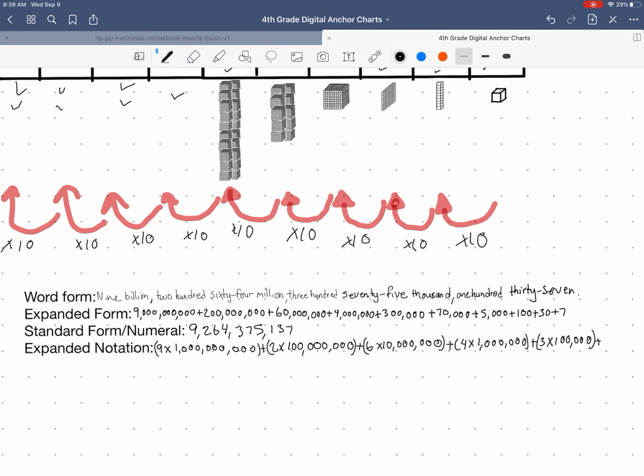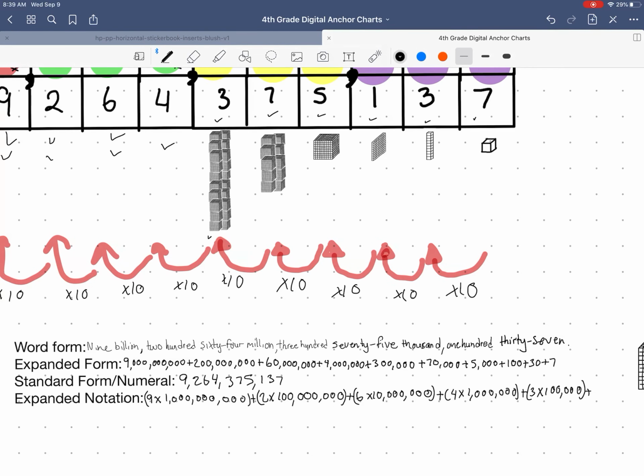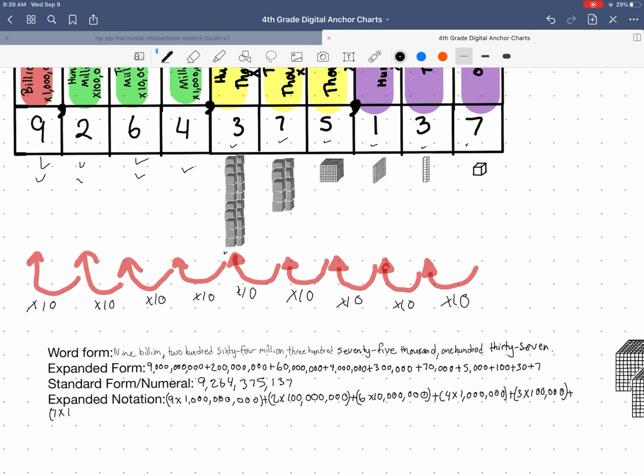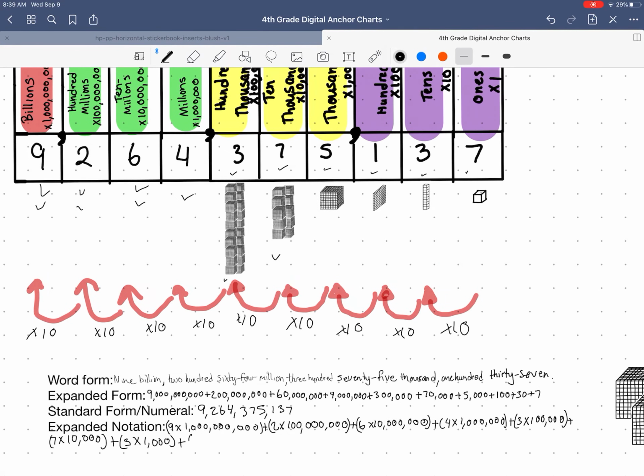Plus, what's the next one? So this is 3. Let's do 7. 7 times 1,000. Parentheses plus 5. 5 times 1,000, plus 1 times 100.